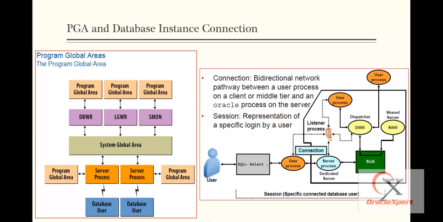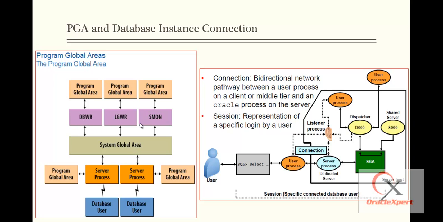These variables and data structures would also need some memory at runtime. Such a memory area associated with any background process or server process, which is privately held by that owning process, is what is called the PGA, the program global area or the private global area.